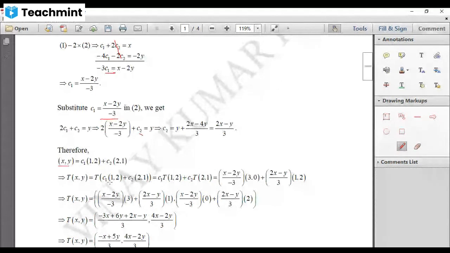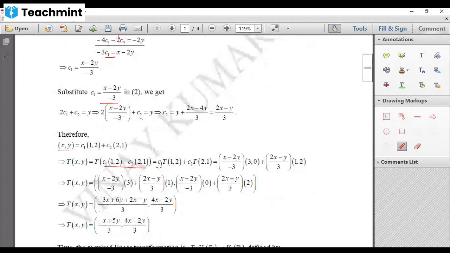Now this is of the form C1 alpha 1 plus C2 alpha 2. We know that because T is linear, we can write the scalar outside. So you'll get C1 into T of (1, 2) plus C2 into T of (2, 1).